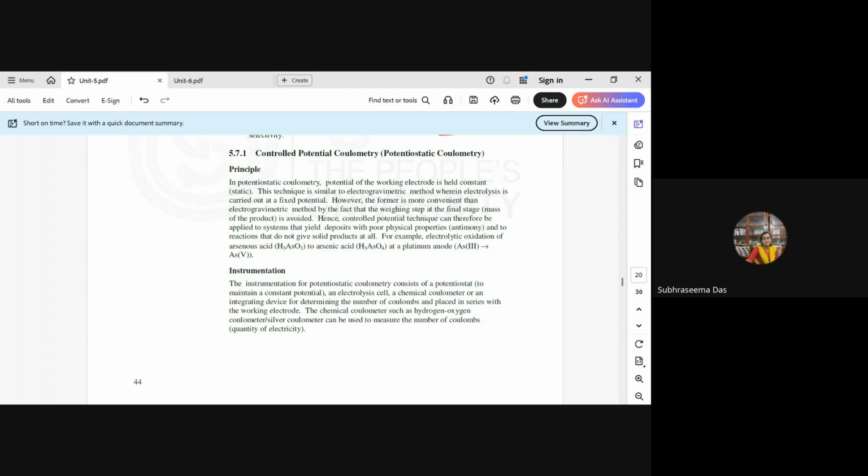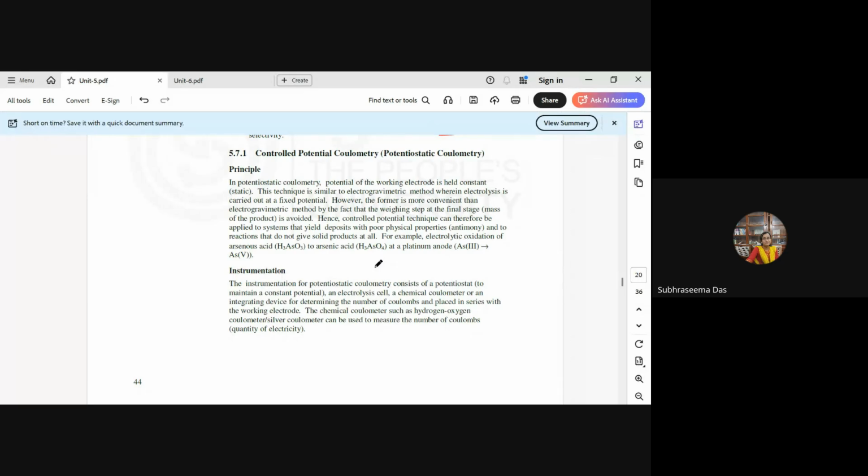To begin with, in potentiostatic coulometry the potential of the working electrode is constant, because this technique is similar to the electrogravimetric method where electrolysis is carried out at a fixed potential. The controlled potential technique can also be applied to systems that yield deposits with poor physical properties.